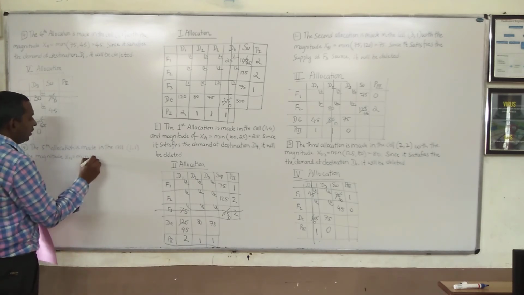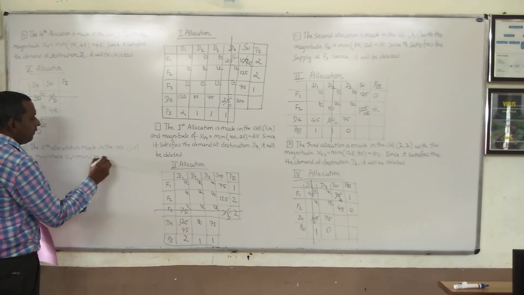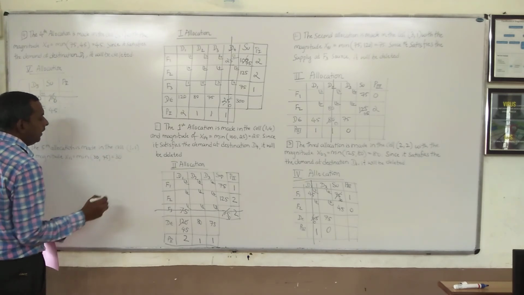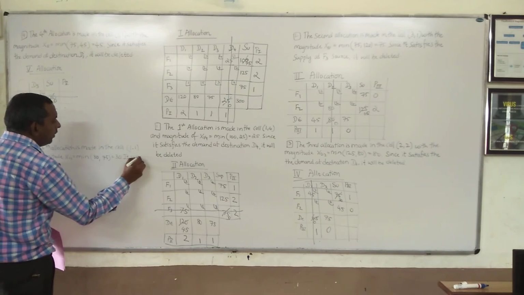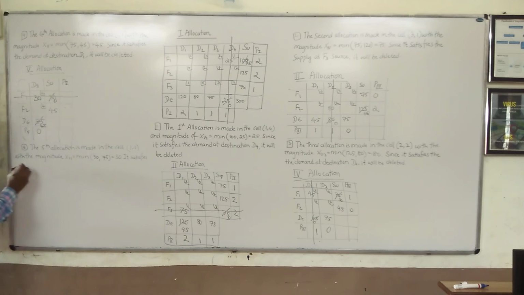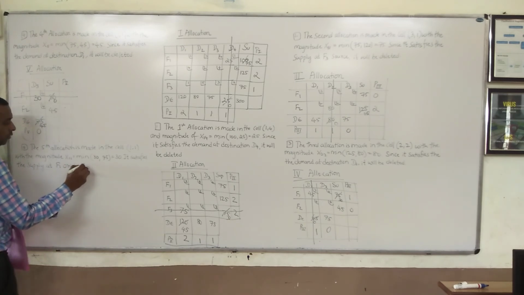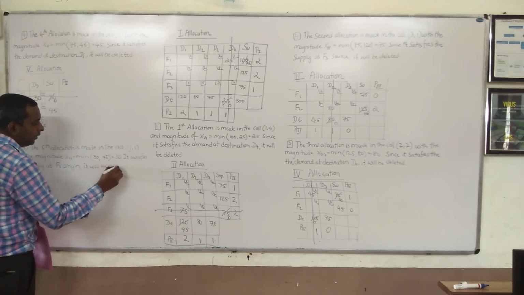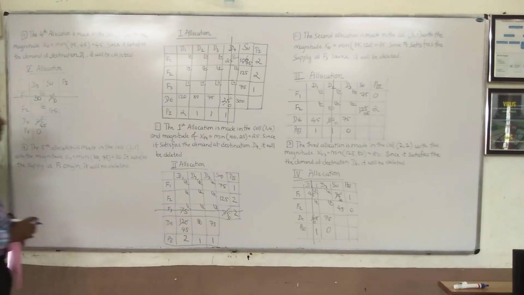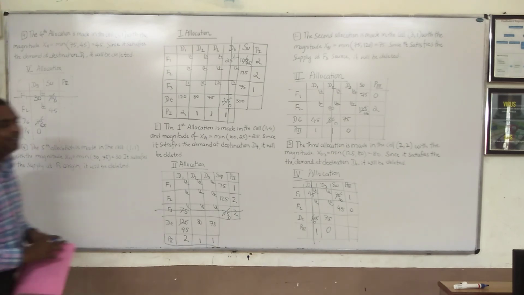It is 30 comma 75. That is the 30. So it satisfies the supply at F1 origin. So it will be deleted. So F1 is deleted here.